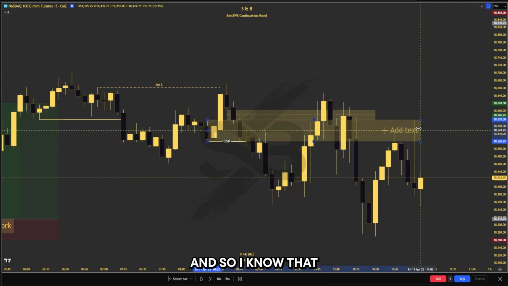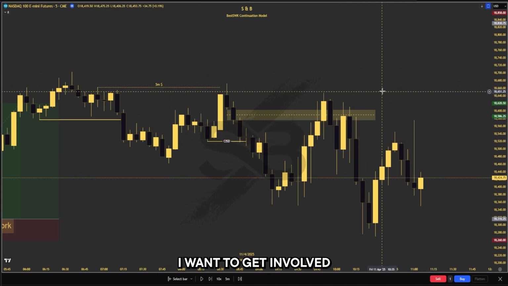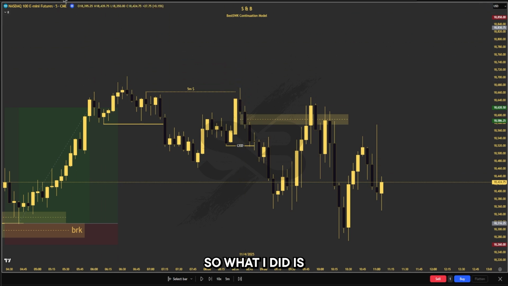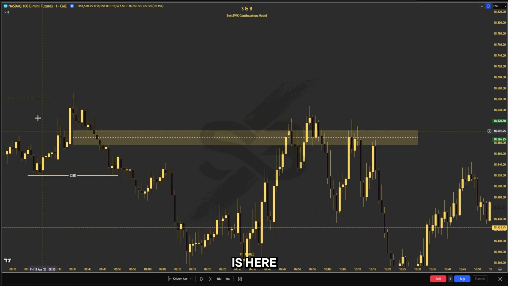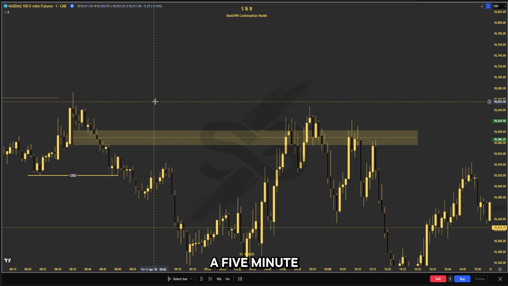And so I know that in this area here on this high, that's basically what I want to get involved on my sell. So what I did is I pretty much wanted to sell at the peak if I possibly could. And what that looked like is here on this top area, right on the body, because it's a 5-minute time frame.